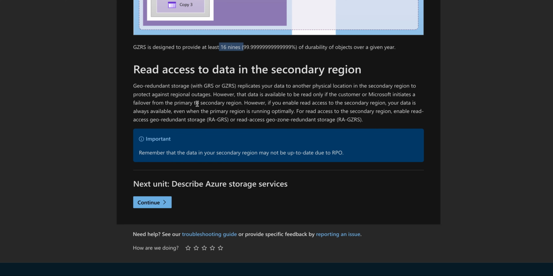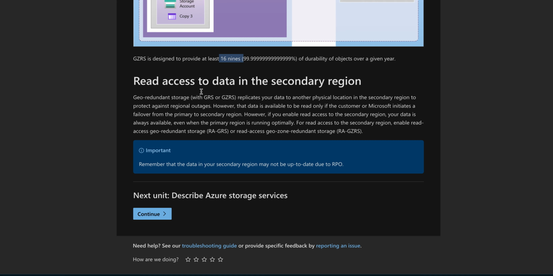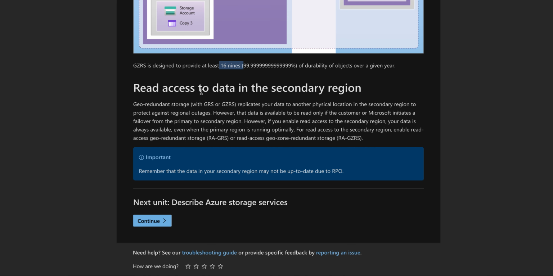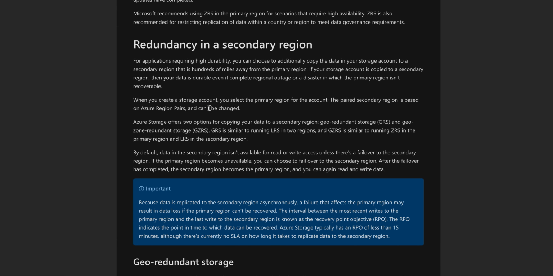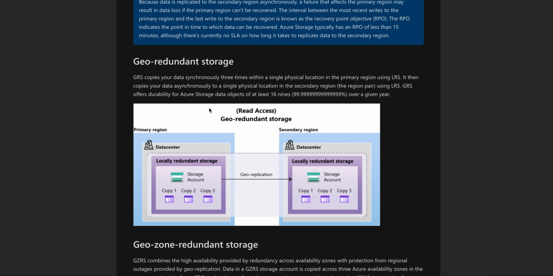Alright, so geo redundant storage with GRS or GZRS replicates your data into another physical location in the secondary region to protect against regional outages. GRS is what you saw under redundancy.